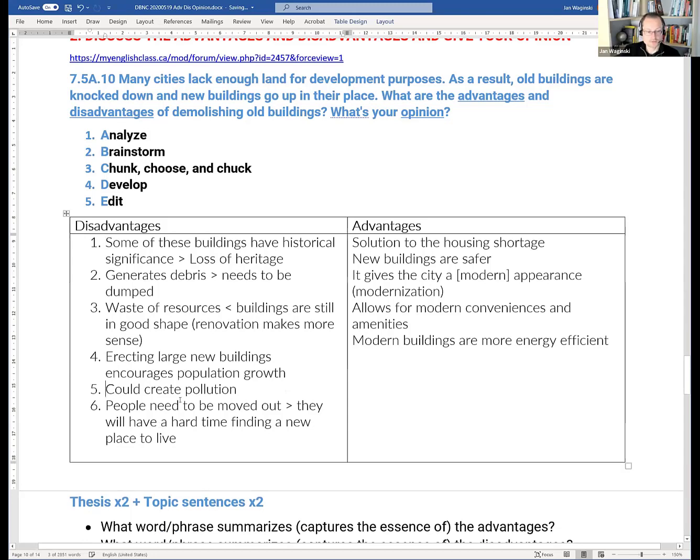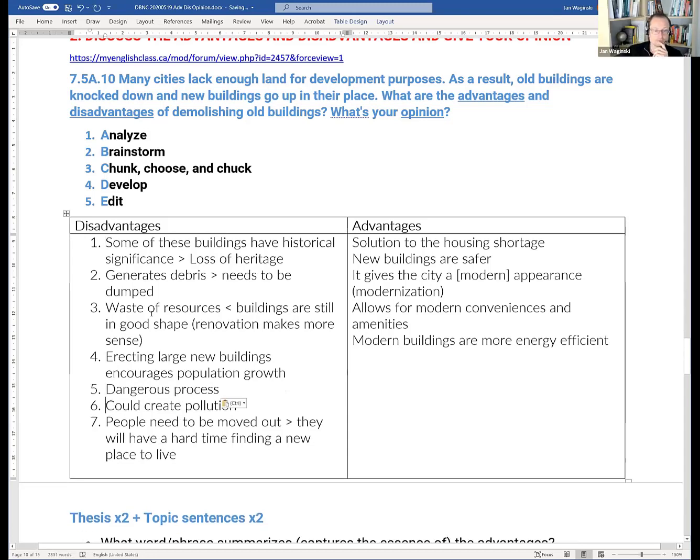Okay, let's go like this. Oh, we missed a really obvious part of this. Some buildings have historical significance, and if you knock them down, yes, there's a loss of heritage. What else is there a loss of if you've got a historical building?